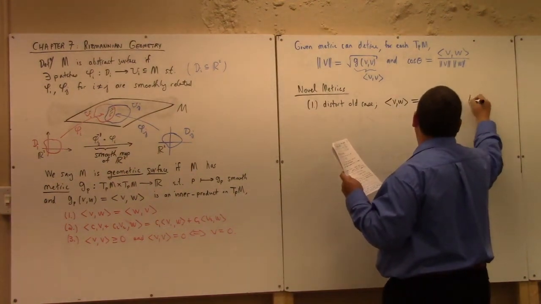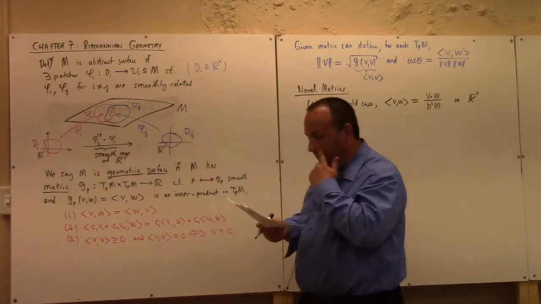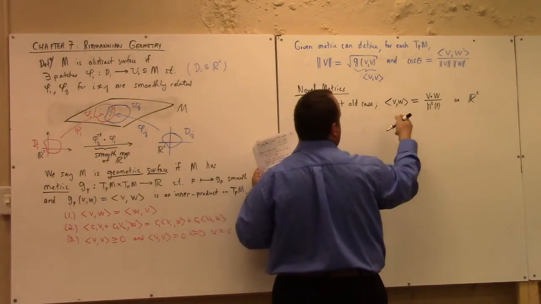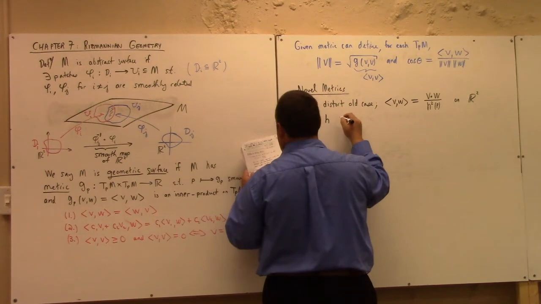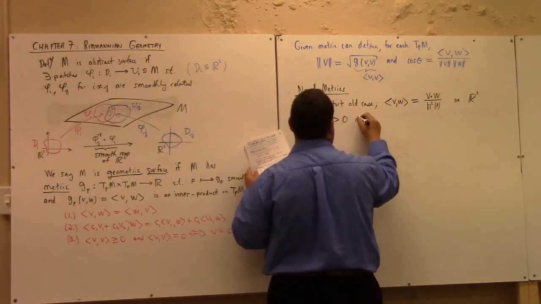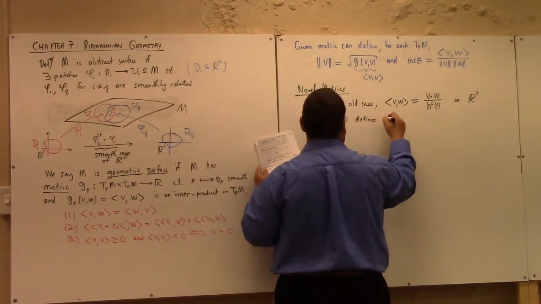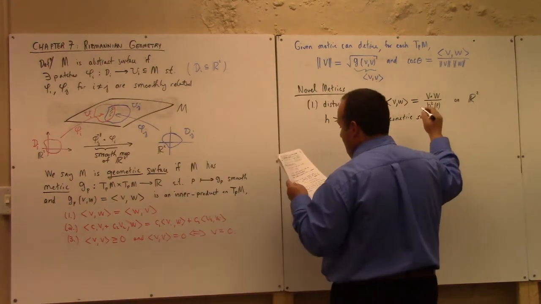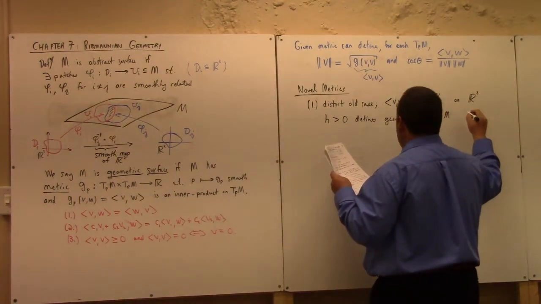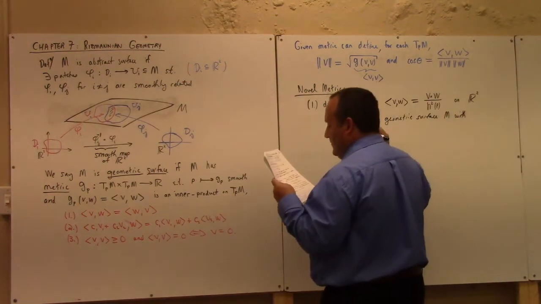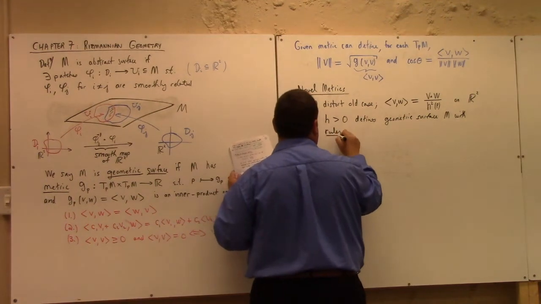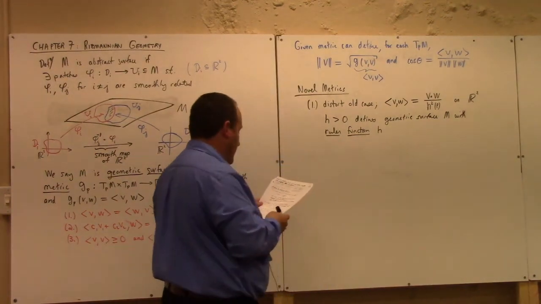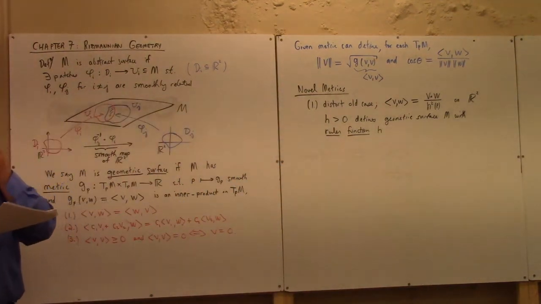This is on R2. So we could take the plane, and here, H is a function greater than 0 that defines a geometric surface M with, we call it, ruler function H. And he claims that locally every geometric surface can be so expressed.